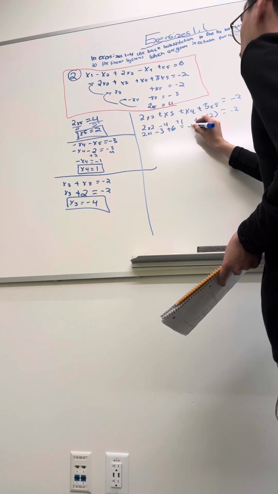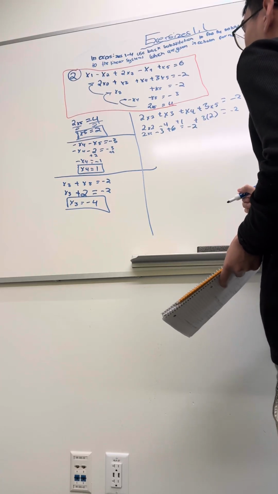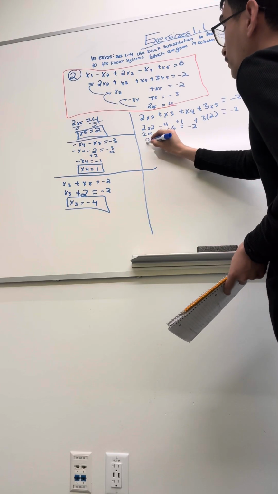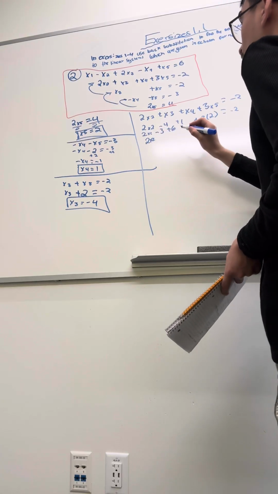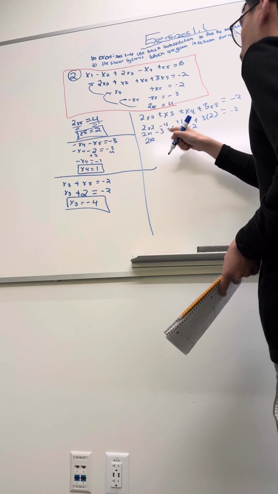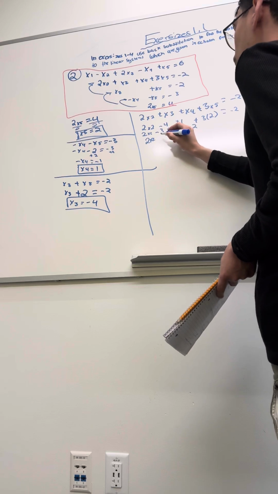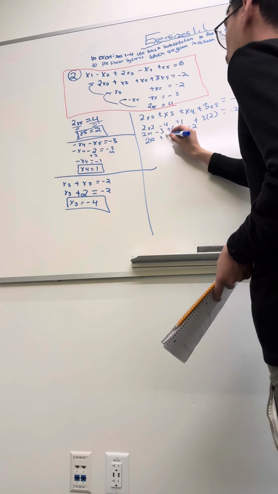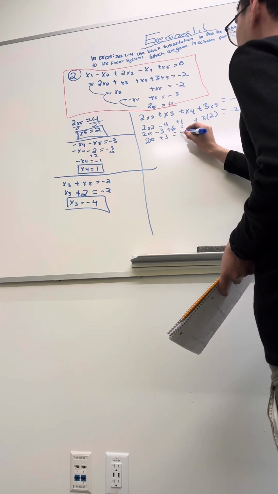So 6 minus 3 is going to be positive 3, so 2x2 plus 3 equals negative 2.